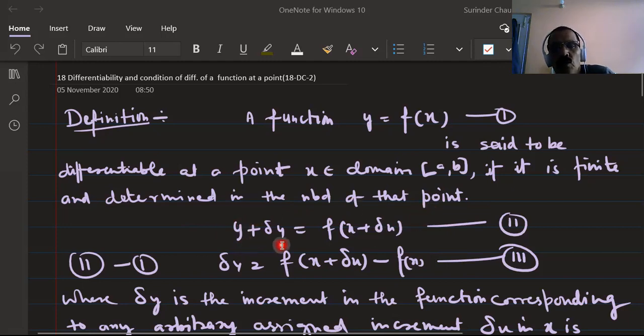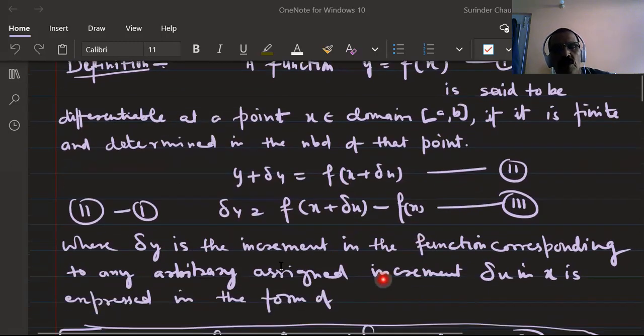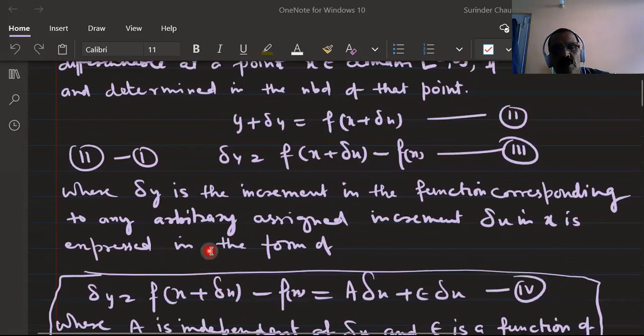Y is equal to f of x, and y plus delta y is equal to f of x plus delta x. Subtracting the first from the second, we get delta y is equal to f of x plus delta x minus f of x, where delta y is the increment in the function corresponding to an arbitrarily assigned increment delta x in x.